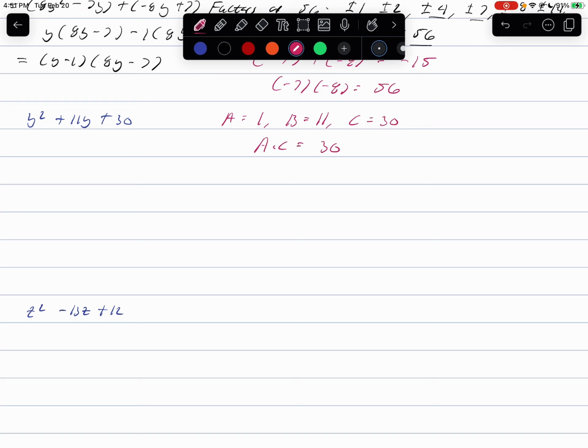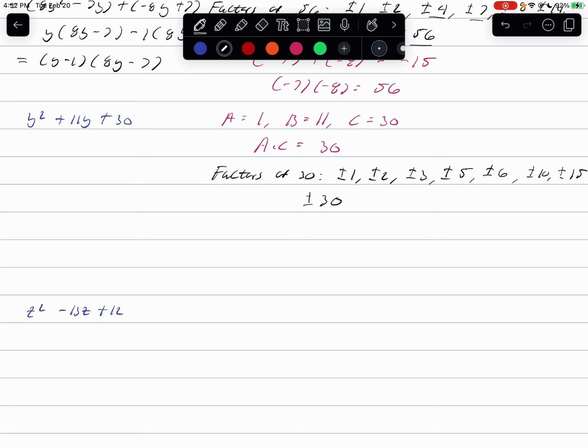So if we look at factors of 30, we get plus or minus 1, plus or minus 2, plus or minus 3. We'll have plus or minus 5. We'll have plus or minus 6, plus or minus 10, plus or minus 15, and then we'll have plus or minus 30.